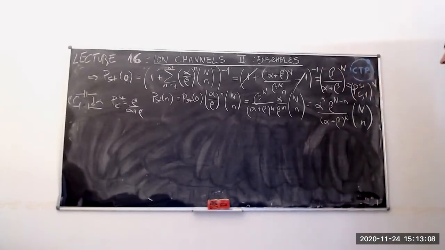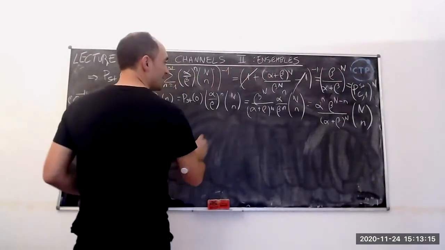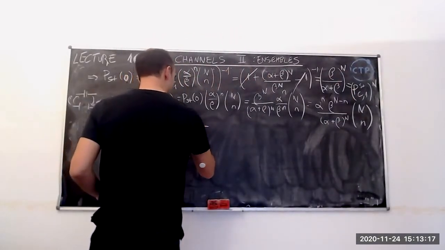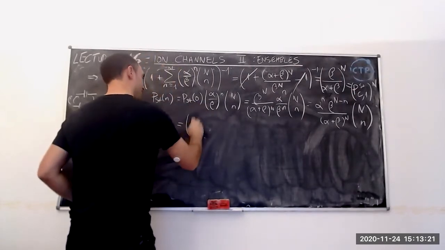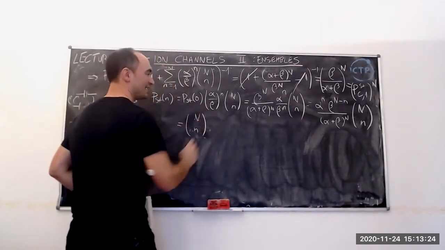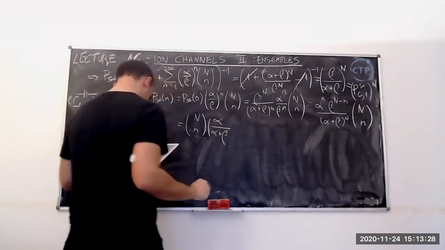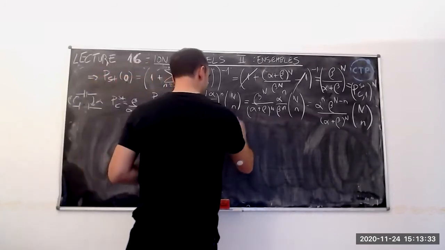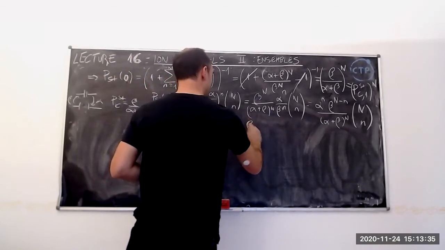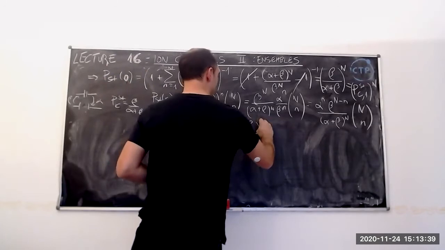And this should remind you of something because I can write this as N divided by n, alpha divided by alpha plus beta to the power n, and beta divided by alpha plus beta to the power N minus n.